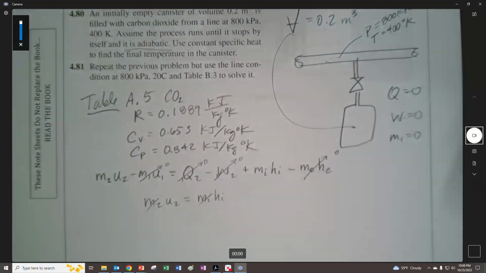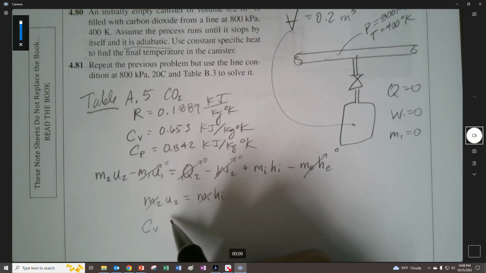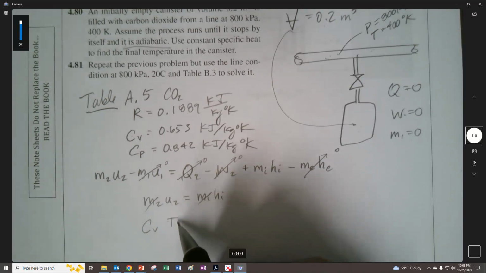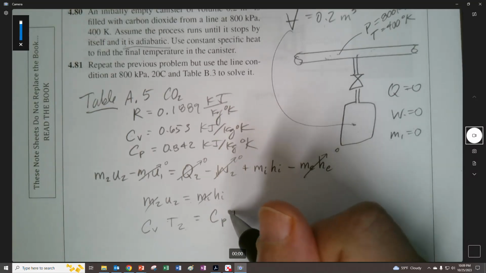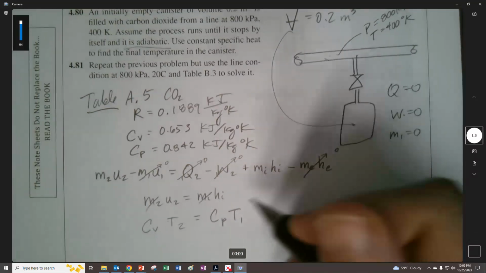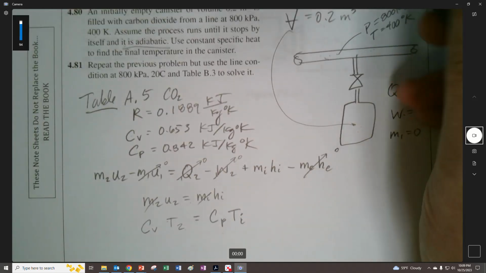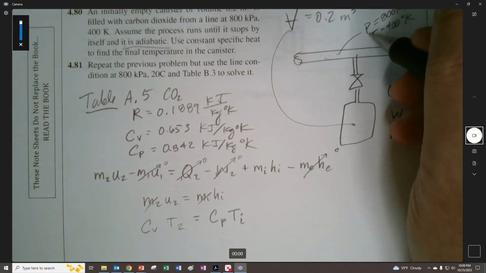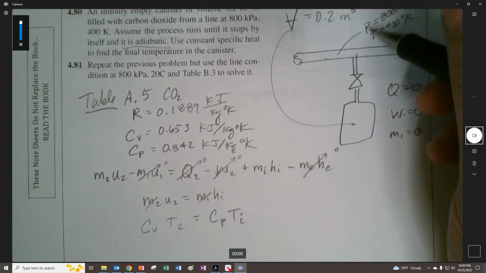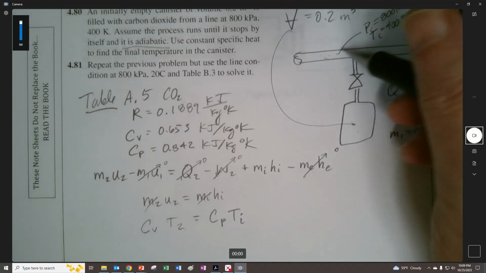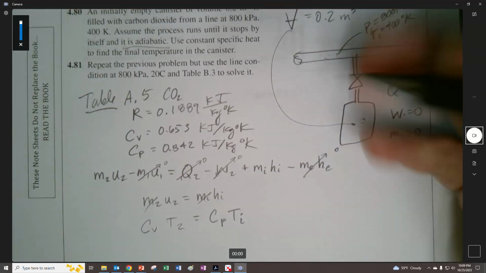If you use specific heats, you're going to have CV times T2 equal to CP times T_i. A lot of times we'll call this the I, or P_i and T_i, because they're things coming in. We don't want to call it 1 because that's what was inside the tank.